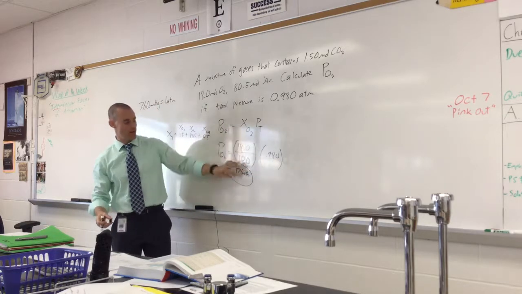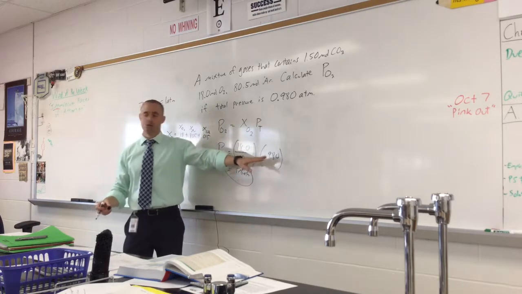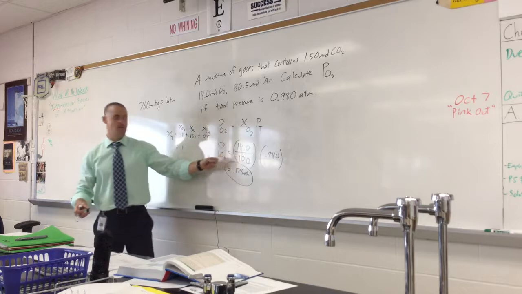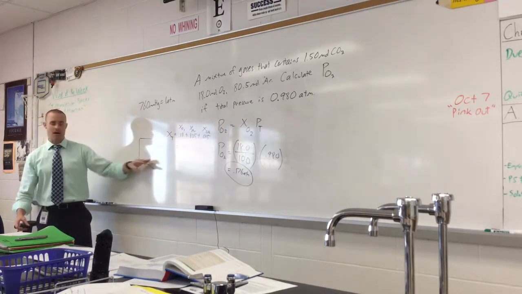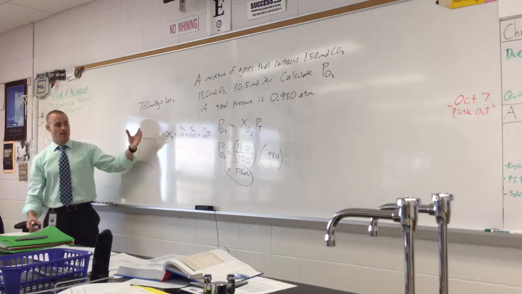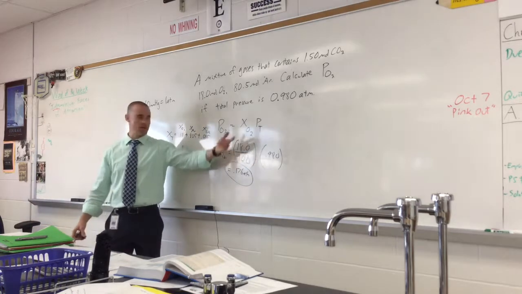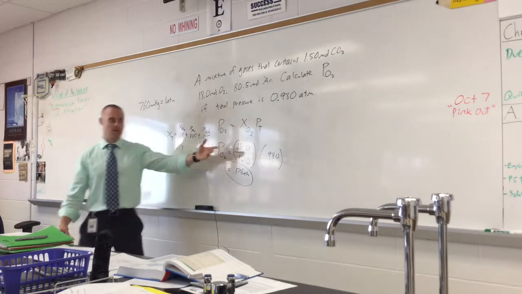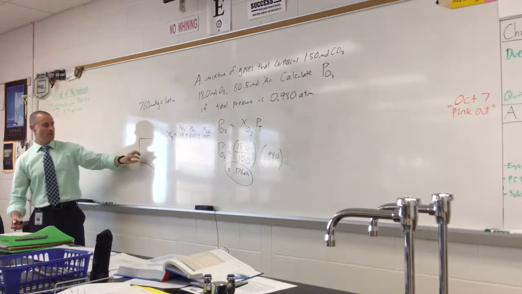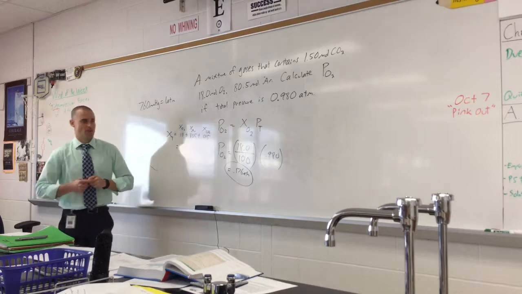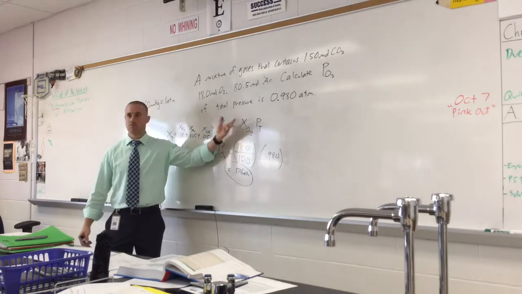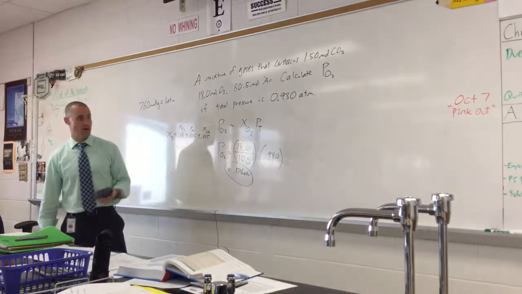That percentage is multiplied by the total, and that gives you the individual pressure just the O2 is producing. You can't just take the moles, you need the percentage of it. What part out of all of them is the oxygen? Hopefully that makes a little bit more sense, and that's why we use this equation.